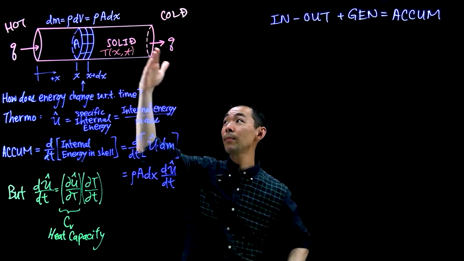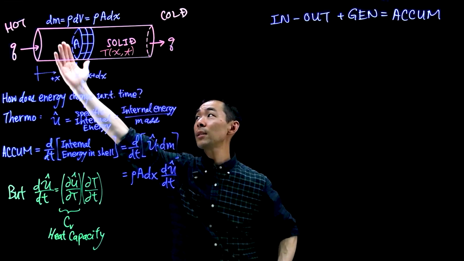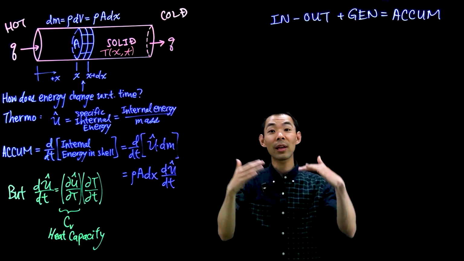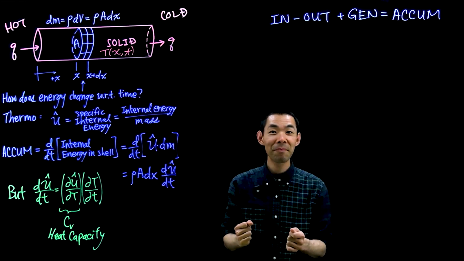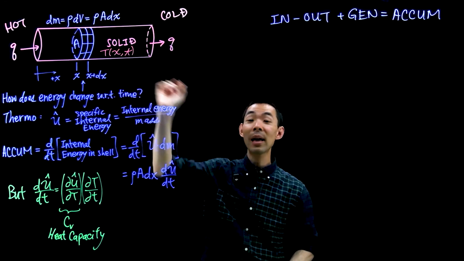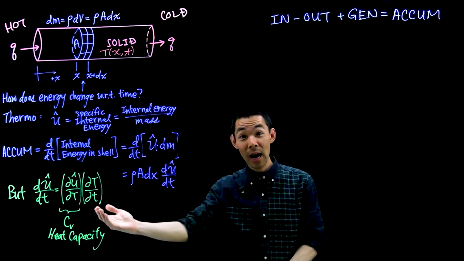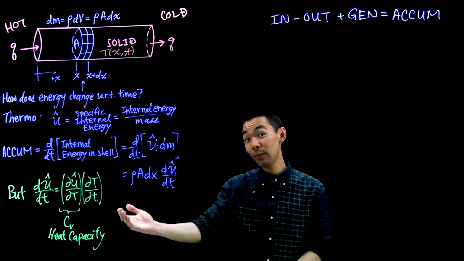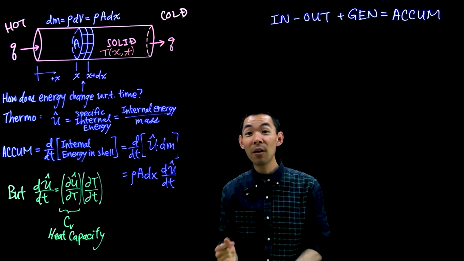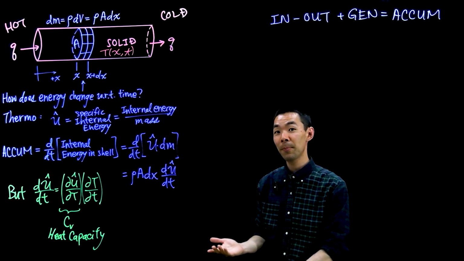Temperature is going to vary because near the boundaries, it's going to be hot, it's going to be cold. In the middle, it might be adjusting to some initial condition that it was subjected to. And so we want to come up with an evolution equation of the temperature. And we have our first indication that we're kind of there. We have the time rate of change of the temperature profile inside this material.